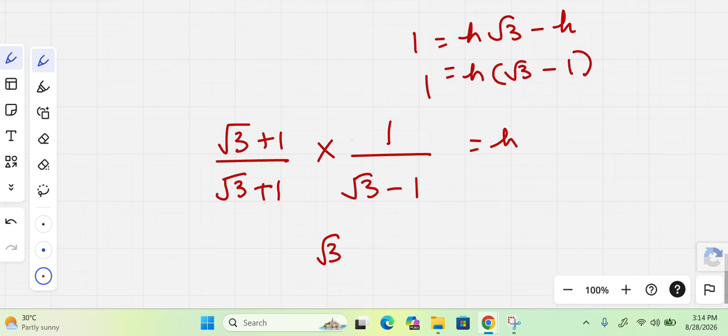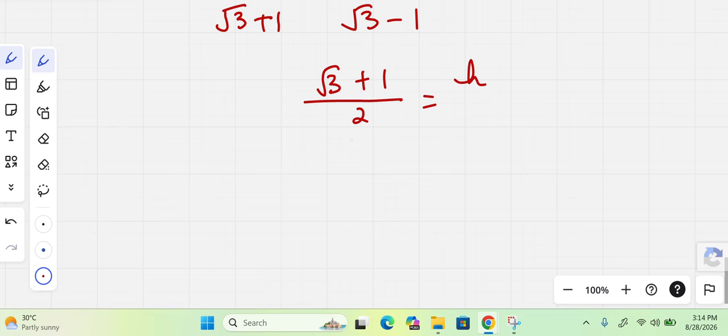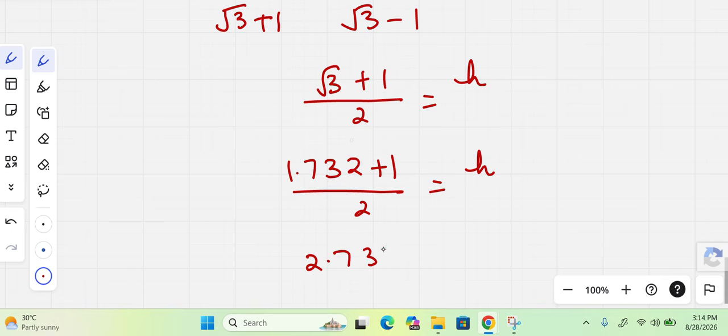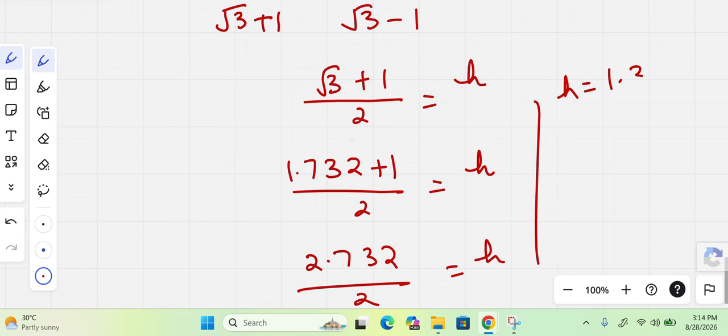So this will become root 3 plus 1 by 3 minus 1 is 2 equal to h. Again 1.732 plus 1 by 2 equal to h, which will make it 2.732 by 2 equal to h, where h is equal to 1.366. Right?